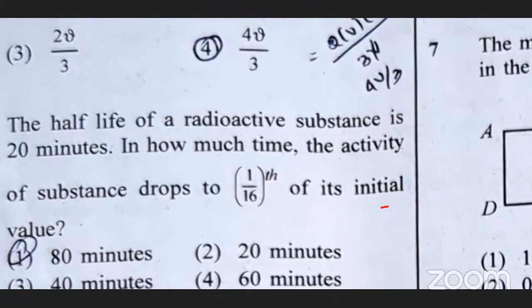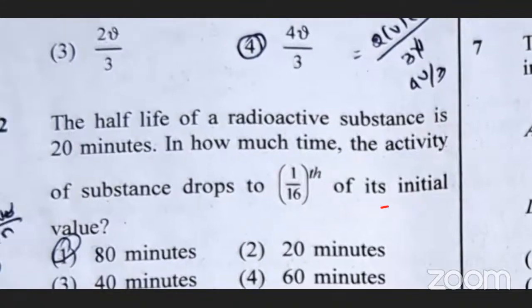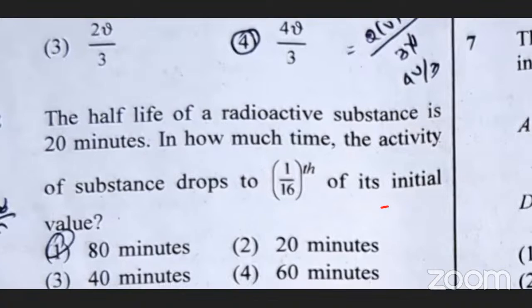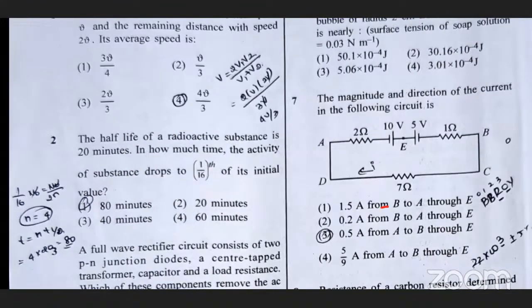In the next question we are going to discuss the half-life of a radioactive substance. The T half value is given as 20 minutes. We need to find the time for the activity to become 1 by 16th of the initial value. You all know the formula for the activity.